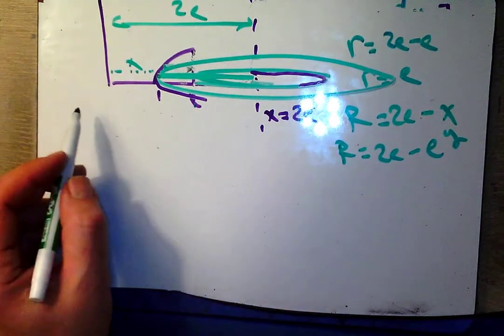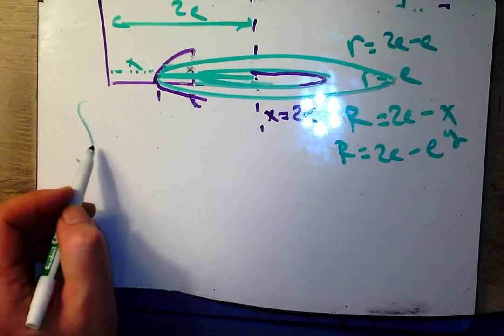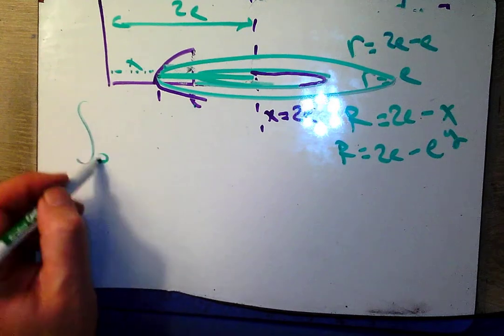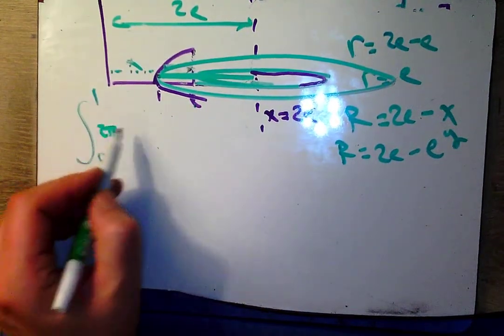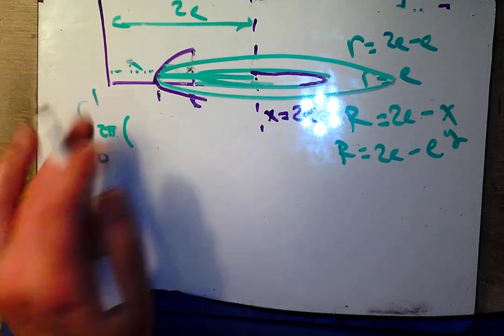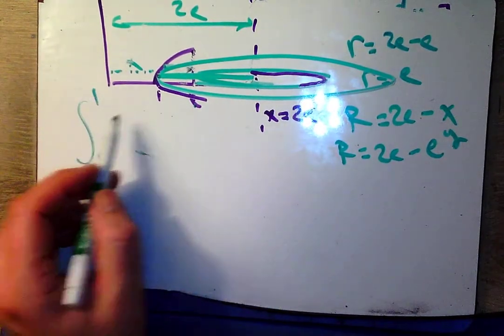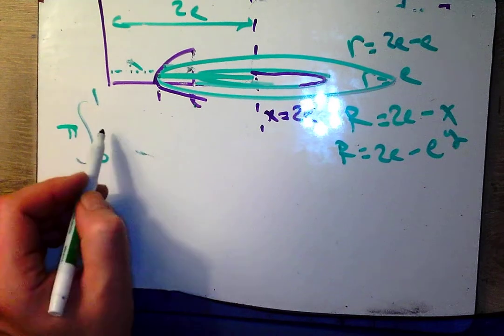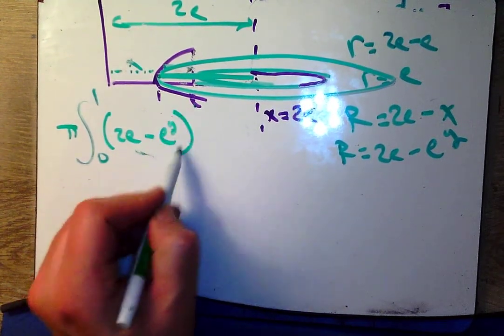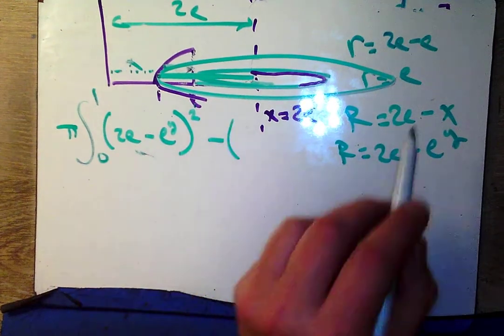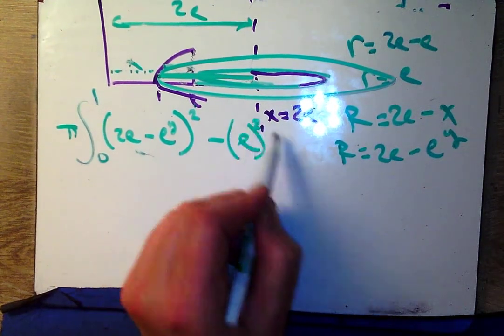And so my integral can then be from 0 to 1, because we're going this way. No, this is not shells, this is washer: pi times big R, 2e minus e to the y, squared, minus little r, e squared, dy.